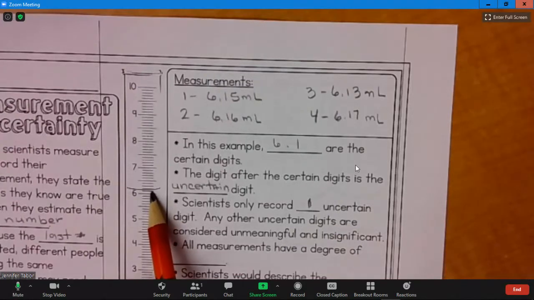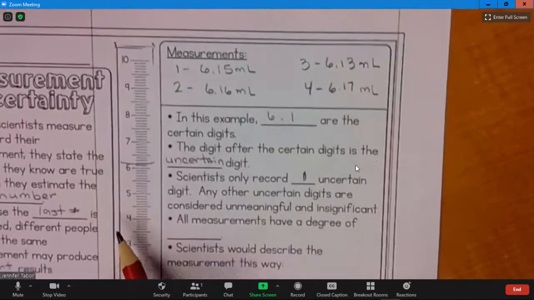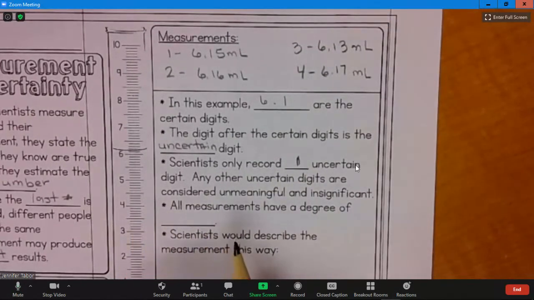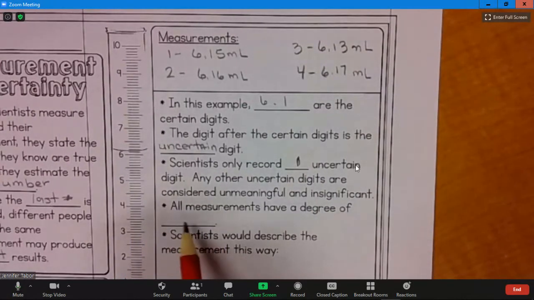I can only look one past what the marks are telling me. Any measurement that you do has a degree of uncertainty. There's always that little estimation at the end, right, which makes it uncertain.